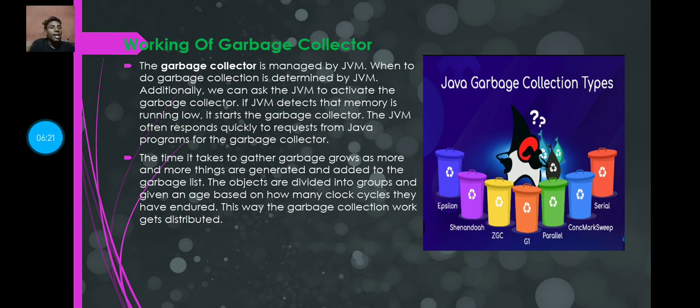The time it takes to collect garbage grows as more things are generated and added to the garbage list. The objects are divided into groups and given an age based on how many clock cycles they have endured. This way, the garbage collection work gets distributed.